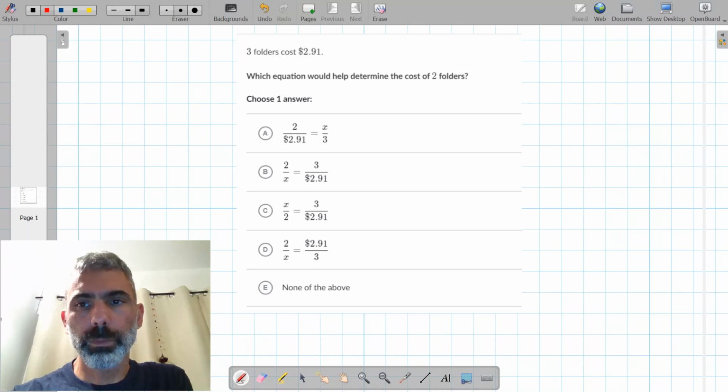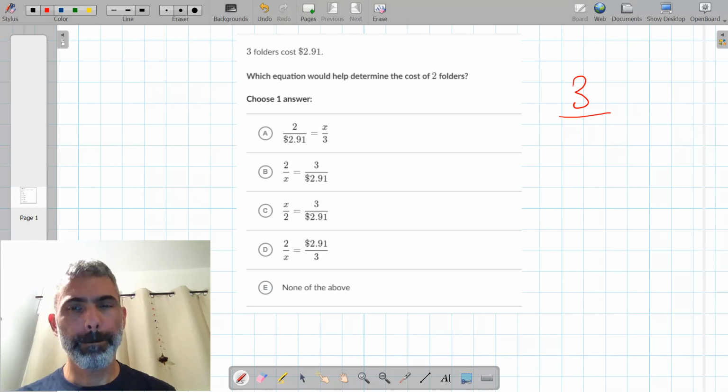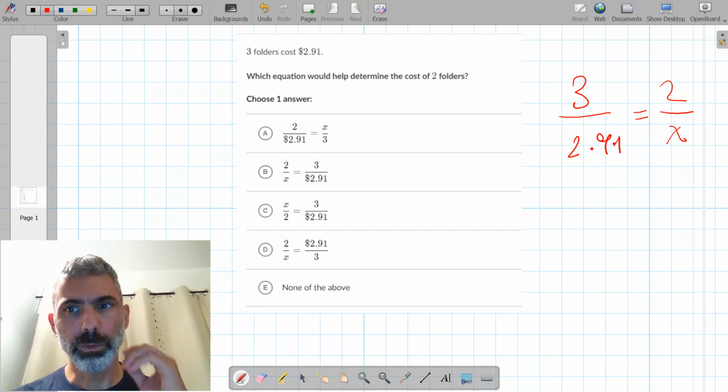Okay, so the equation is 3 folders to 291 equals 2 folders to X. The relationship between 3 folders and 291 is the same as the relationship between 2 folders and the unknown amount of dollars that 2 folders costs. So this is the equation that I'm looking for.